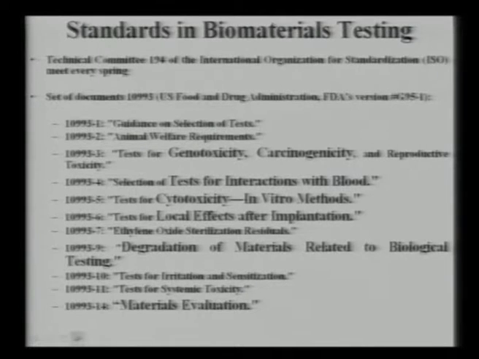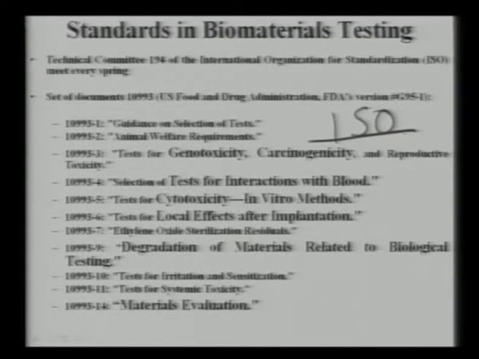Now these are the standards in the biomaterial testing. This is ISO testing, which is approved by FDA. FDA is the US Food and Drug Administration, and ISO means International Standard Organization. Now they have this 10993 set of documents, and in these 10993 documents, there are different subsets.